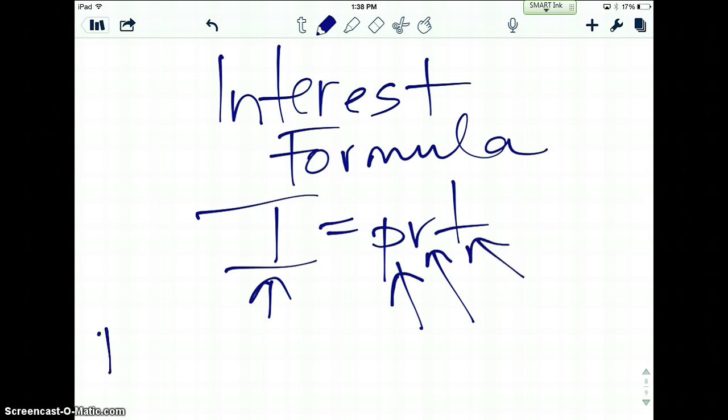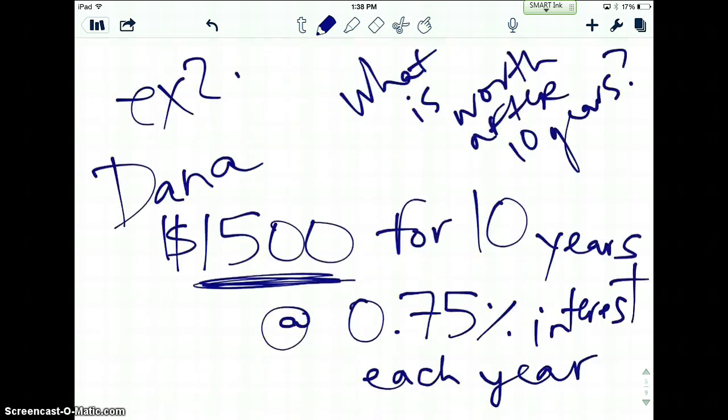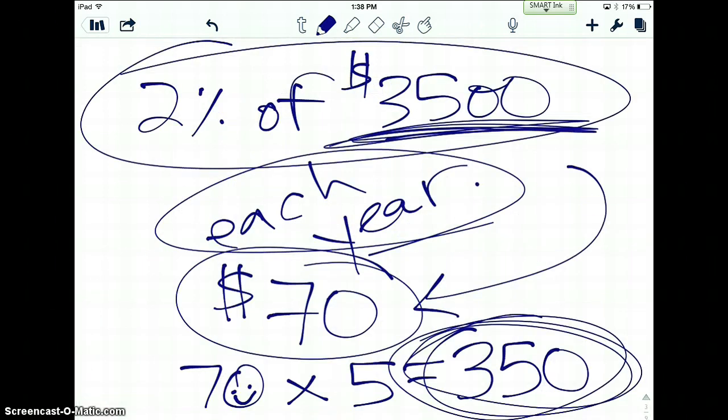So for example, Dan, we could have just used this formula. The amount of principal, how much did he invest? He invested $3,500 times the interest rate. And the interest rate was, what was it again? His interest rate, if we go back to Dan, what was your interest rate, man? 2%. Okay, 2% was his interest rate.